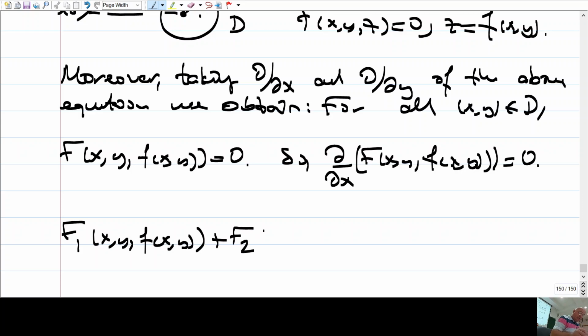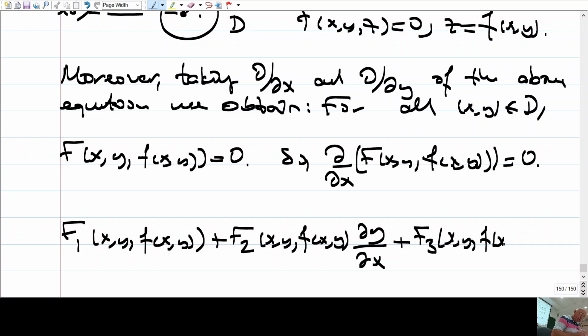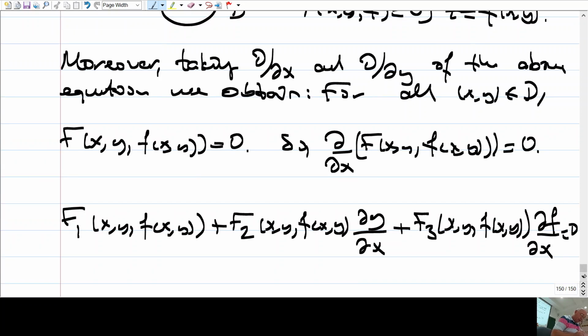And then the derivative of the function with respect to the second variable times the derivative of the second variable with respect to x, plus the derivative of F with respect to the third variable times the derivative of the third variable with respect to x equals 0.